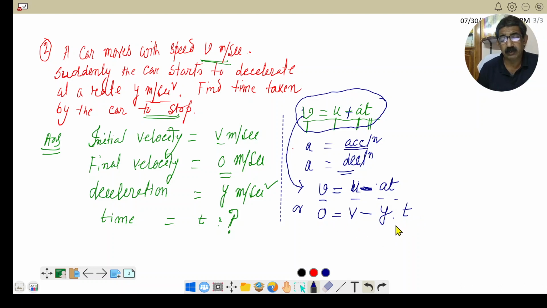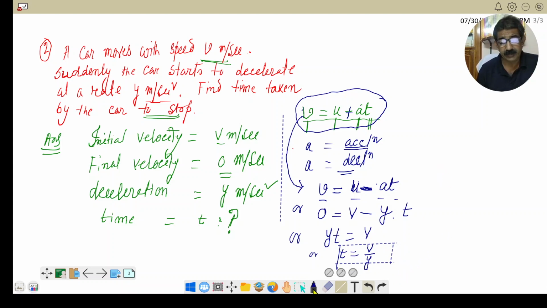So 0 is equal to v minus yt, or yt is equal to v, or t is equal to v by y. So time taken to stop the car, t is equal to v by y. That means velocity by acceleration. So this is the answer.